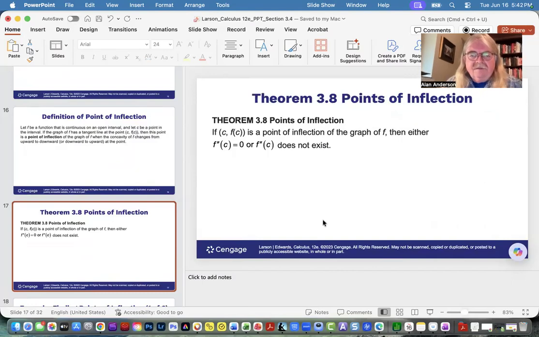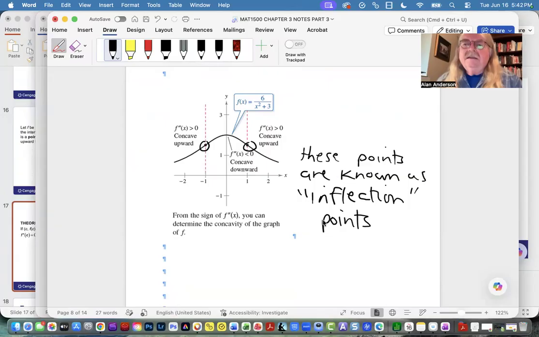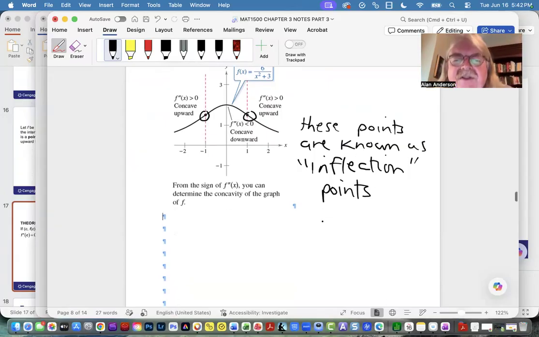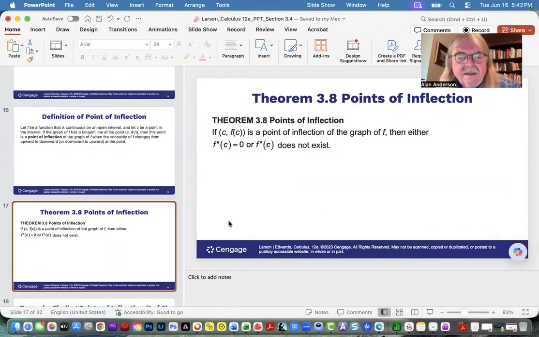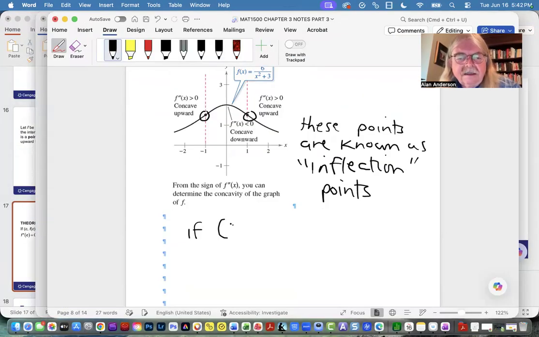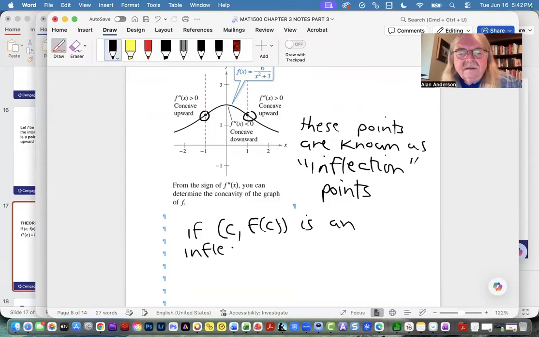Now, by the way, this result is kind of interesting because it's saying that if we have the point c, f of c is an inflection point, then one of two things must be true.